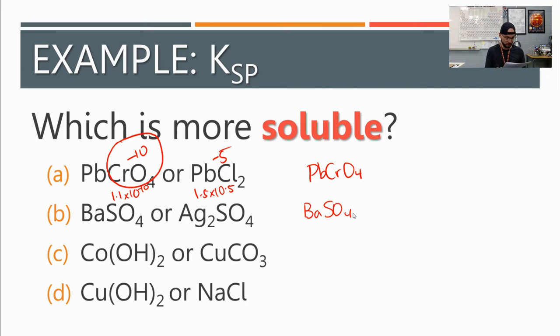All right, cobalt 2 hydroxide, negative 15. Wowzer, that is small. And copper 2 carbonate, 2.3 times 10 to the negative 10. And then copper 2 hydroxide is 4.8 times 10 to the negative 20.